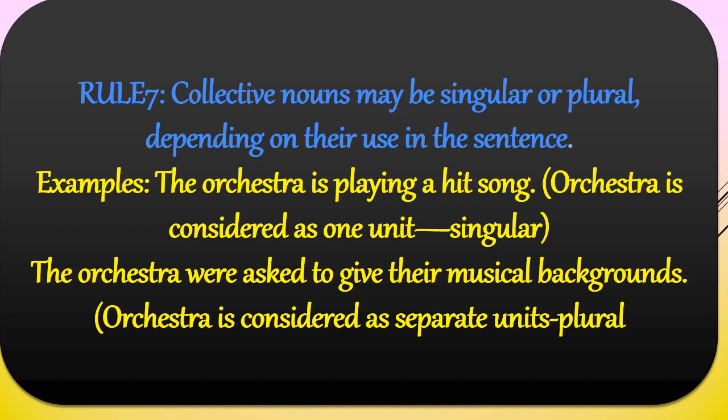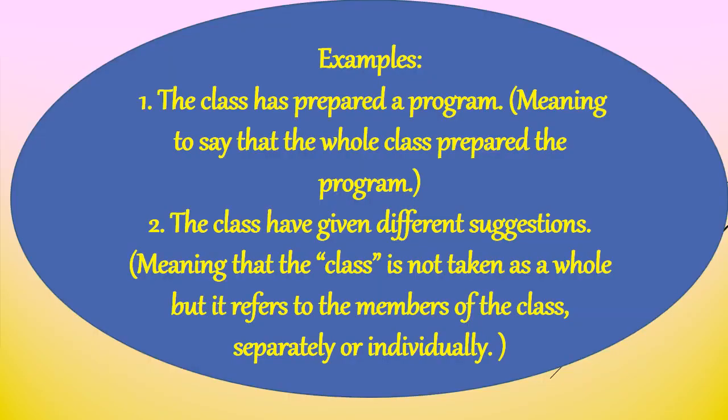In the same manner, we can write, the family is driving across the country this summer. So they are working together. In the next sentence, the family are doing different work, because they are doing different work. So that's why the plural form of the verb is used. Here are some more examples.